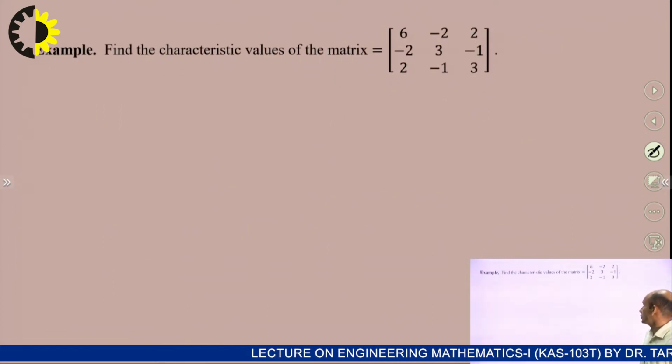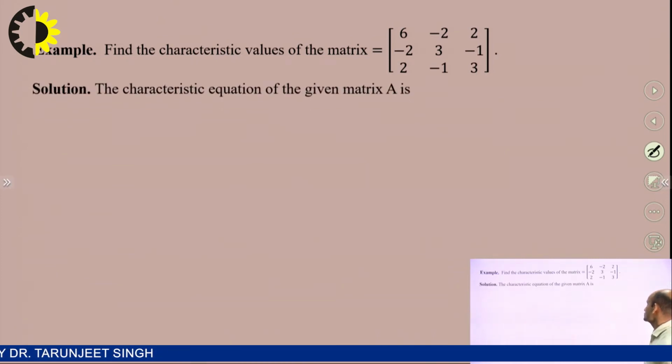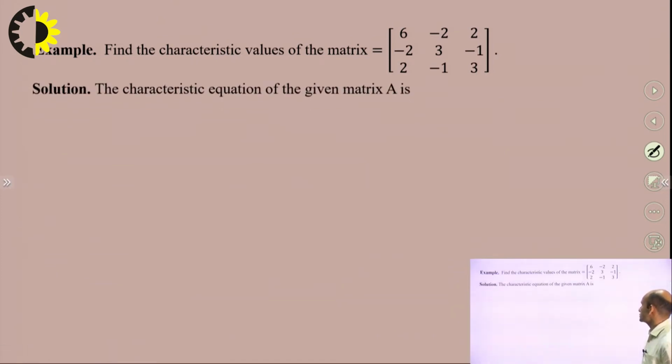Now we have one more example here, in which we have to find the characteristic values of the matrix 6, minus 2, 2; minus 2, 3, minus 1; 2, minus 1, 3. So first, the characteristic equation of the given matrix A will be determinant of A minus lambda I equals 0.